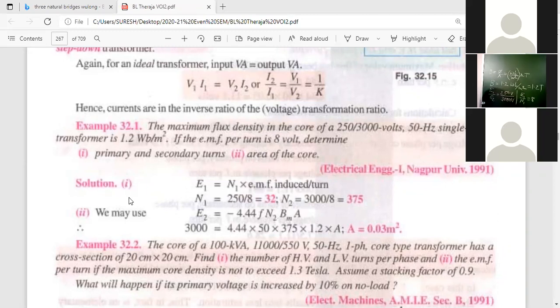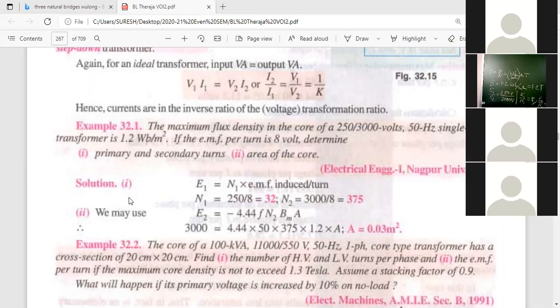Otherwise you can take it as E2 by N2 is equal to 8. Have I written this up to here? Yes, sir.